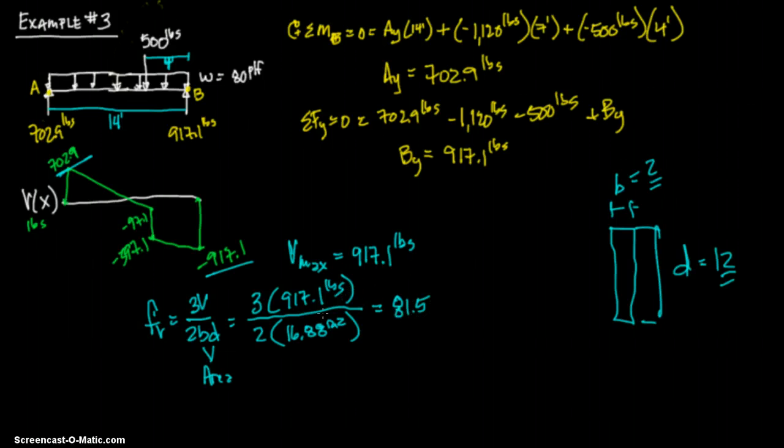It's easy, you have pounds over inch squared equals PSI. And here's your answer: 81.5 psi, and I checked that out and it matches up.